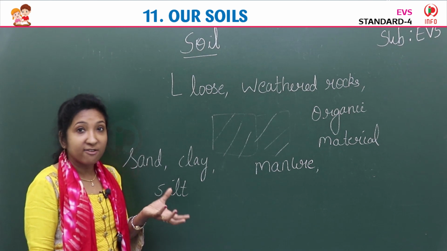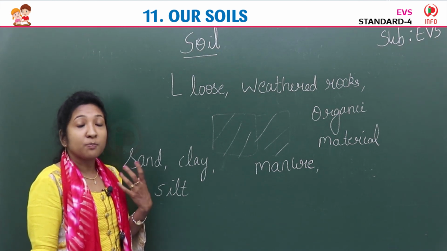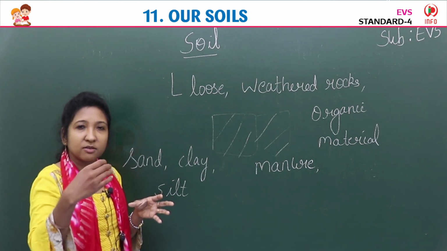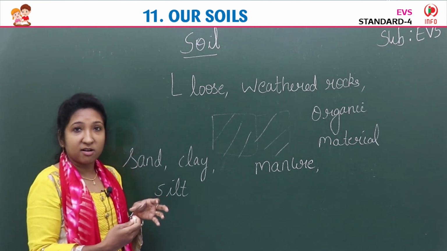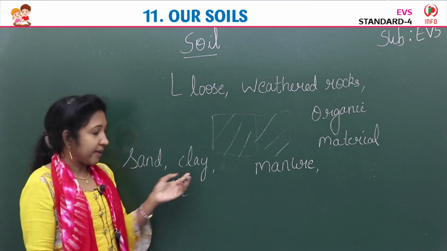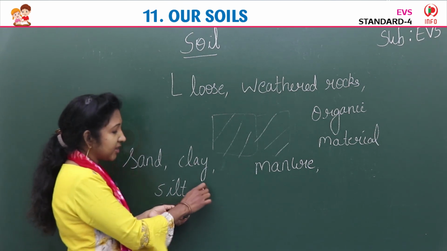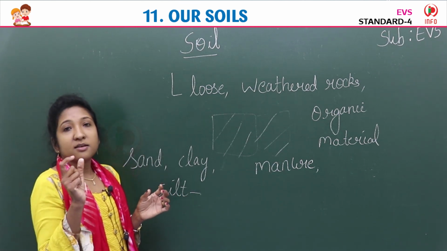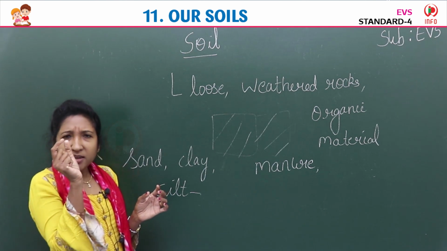Different kinds of clays are available in shops nowadays. You may be used to clay, isn't it? Using clay you will make clay models and all. Different colors are available nowadays. Now silt. Silt is nothing but a fine sand, smaller than sand. That much fine it is, so smooth.